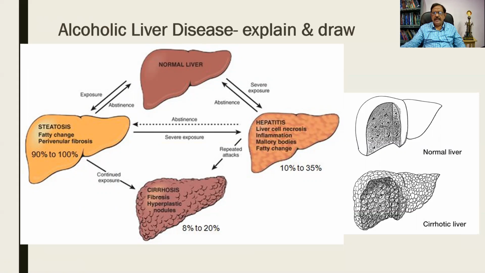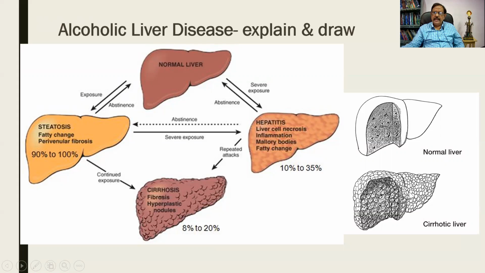This can be seen in a number of conditions. Until now, probably it is a reversible one, and if there is any abstinence, the patient can have his normal liver back. But on continuation, it goes in for a permanent, irreversible damage leading to cirrhosis. So this particular schematic diagram is of importance to you, which I want you to draw in the examination.